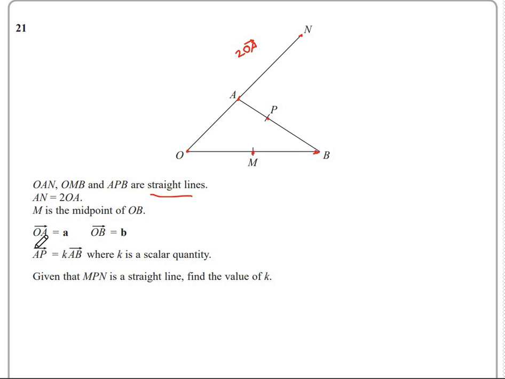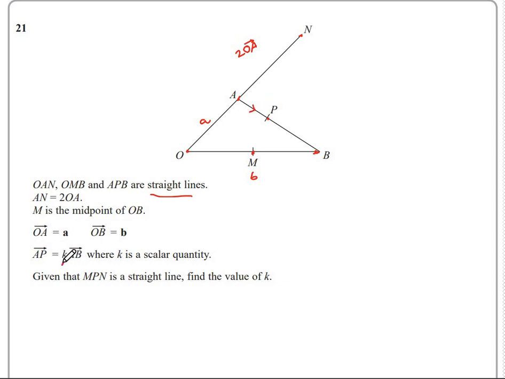OA equals A. This part here, OA equals A. And OB equals B. AP, which is this part here, equals KAB. So this K is some scalar.